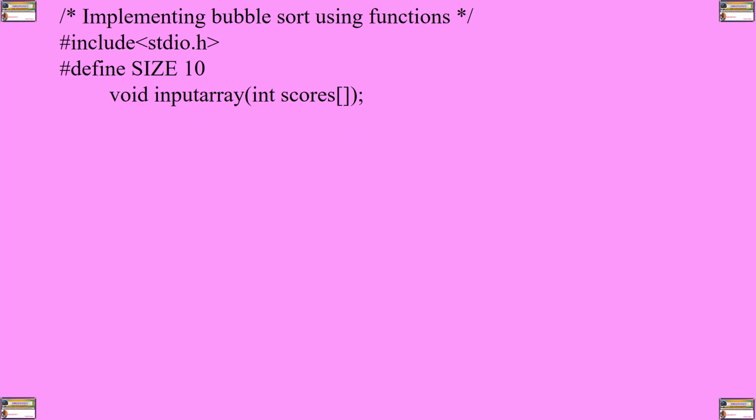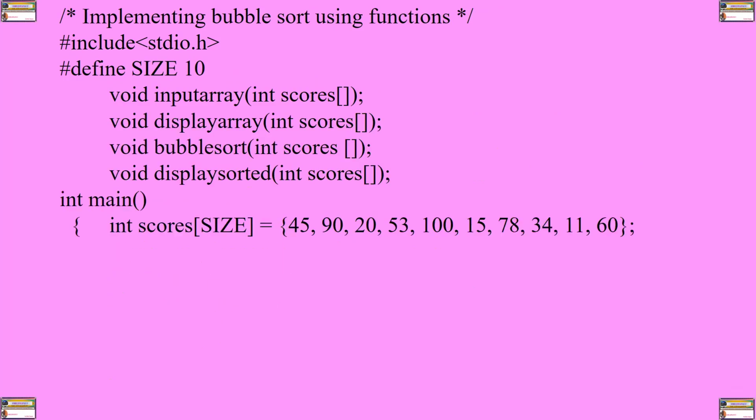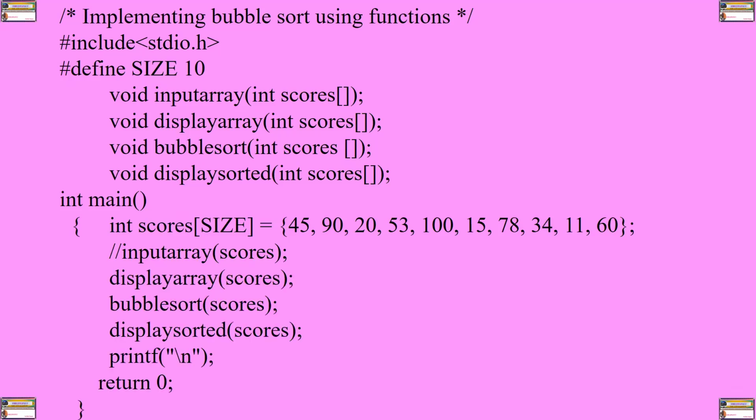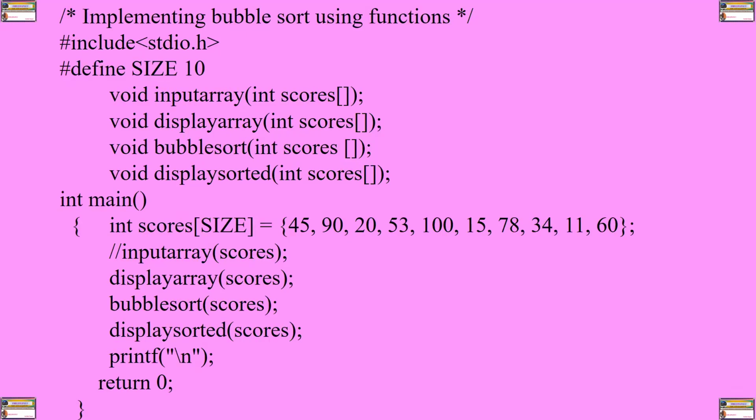Just to show you that if you're going to prompt the user to enter values, then you have to have this prototype active without making it a comment. You have also to include that here in the call statement, so don't remove the comment, and then you ensure that you define your function for inputting values after main, just the way I've done for the other functions.